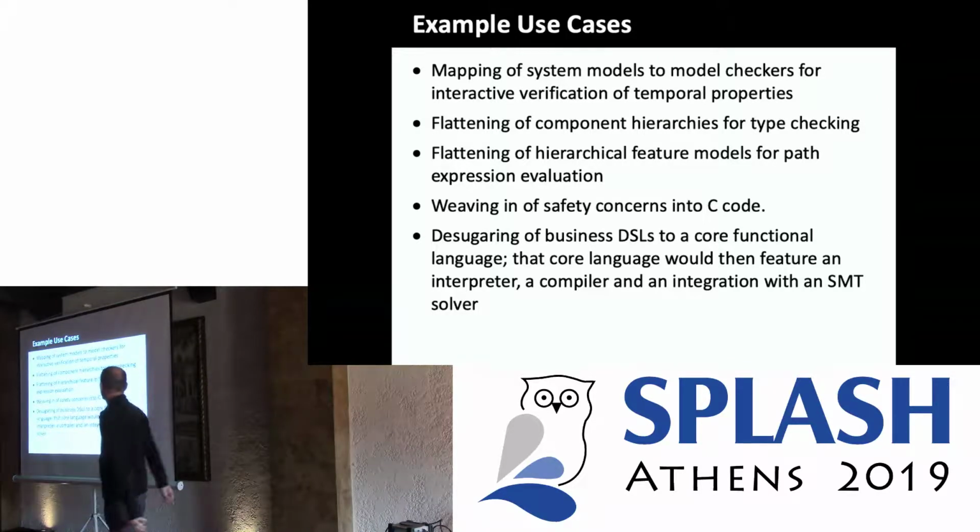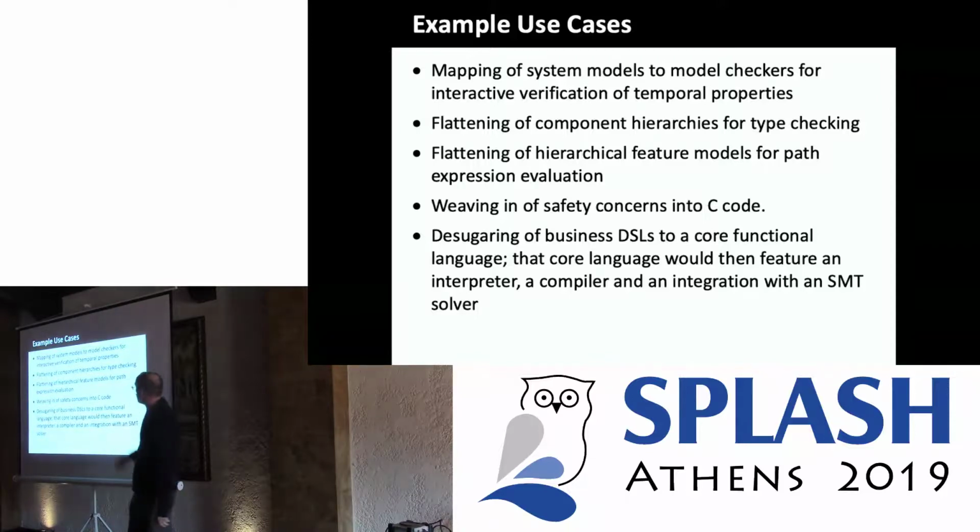We can run the analysis there. We have a research project where we used this approach to weave safety concerns into C code, like redundancy or CRC checking. You mark up where you want this thing woven into, and then the transformation does it in real time as you edit the code. You see the transformed code that has the safety checks in it.